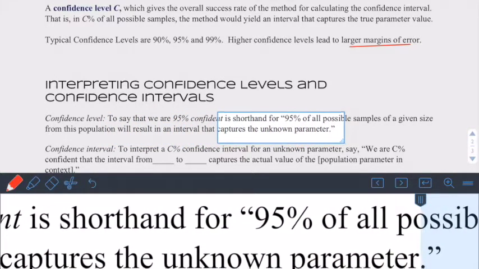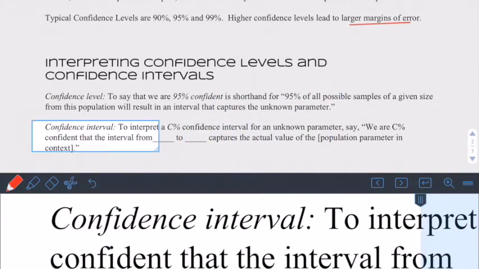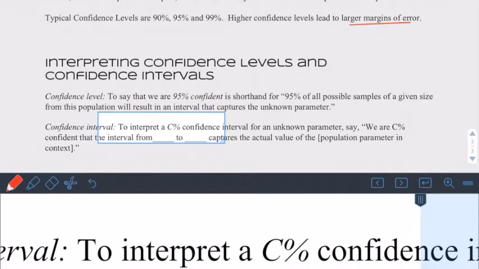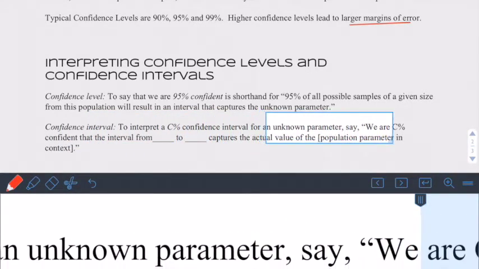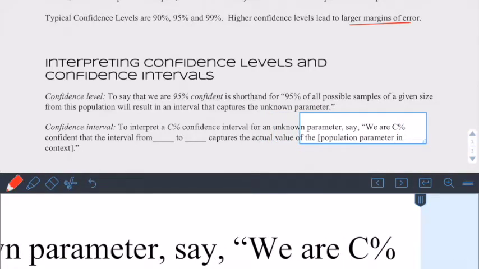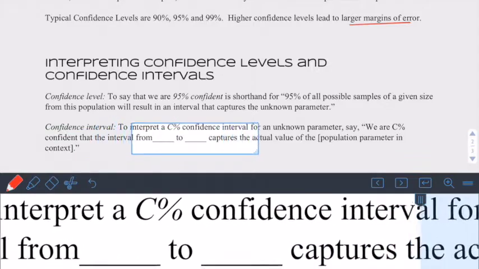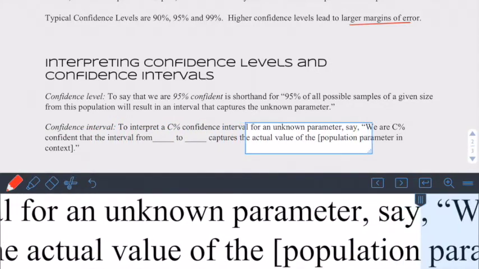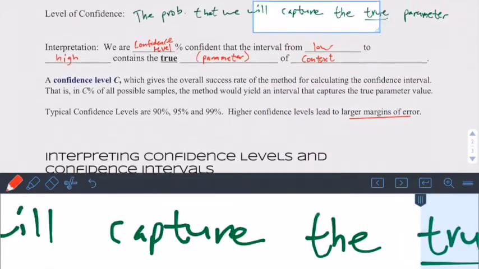Okay, so we can add in the actual context. To interpret a C% confidence interval for an unknown parameter, we say we are C% confident that the interval from blank to blank captures the actual value of the parameter in context. We've already talked about that up here.